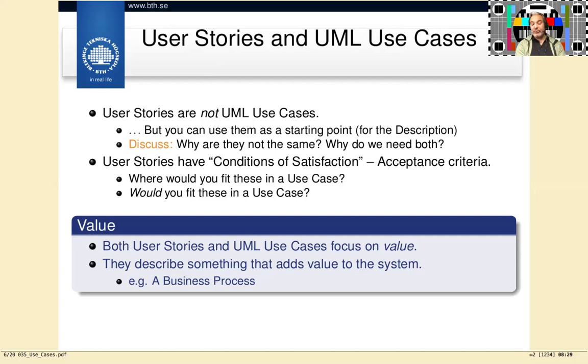If you have a classic requirement specification, the use cases gather requirements in some sense. So you pick a subset of the requirements, all the requirements that are involved in one particular process, and you put them into the context of a use case.